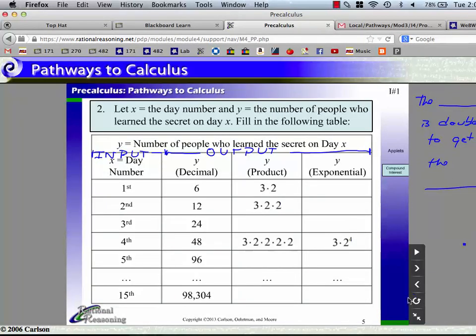Okay? So, for instance, the input is doubled to get the output, or the output is doubled to get the input, or something else, right? So this is either input or output, and this is either input or output, and you're going to finish the sentence. So what is getting doubled to give you what? Think about it, talk about it. What is getting doubled to give you what in terms of input and output?